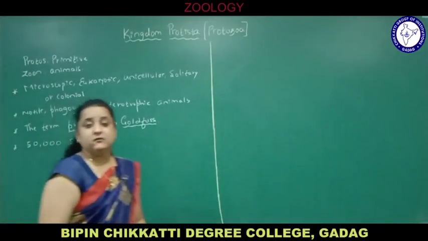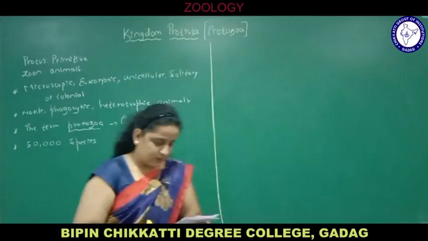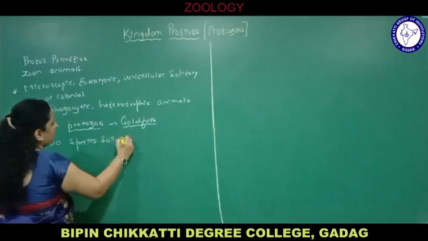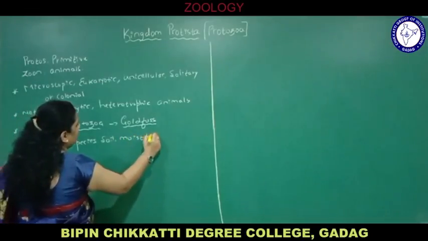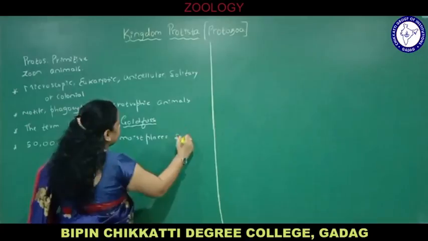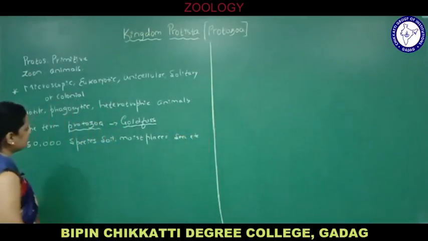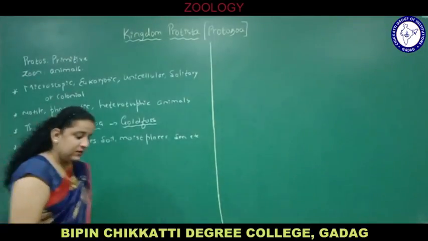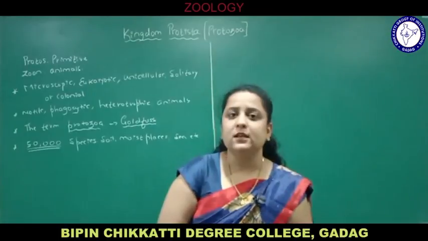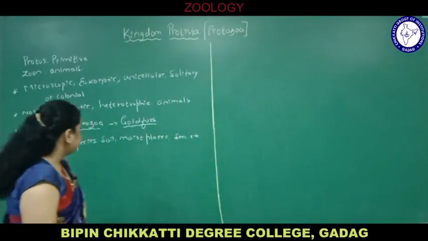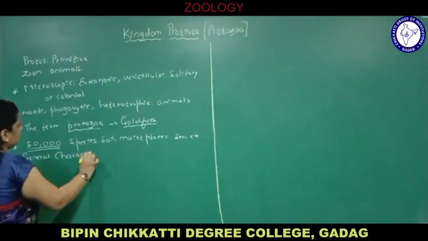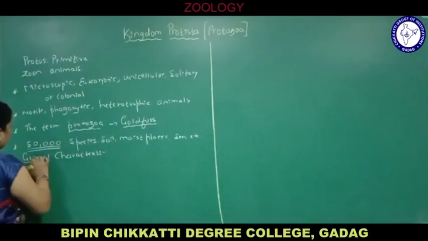50,000 species discovered so far in the kingdom protozoa, and they are found in soil, in moist places, in the sea, etc. So how many species have been discovered so far? 50,000 species of protozoa, found in different habitats like moist areas, water, soil, etc. Now we'll see the general characters of phylum Protozoa.